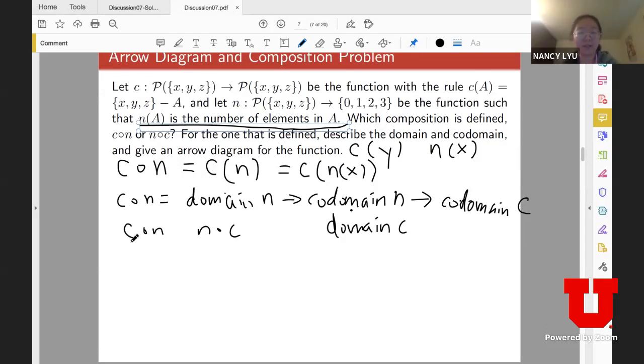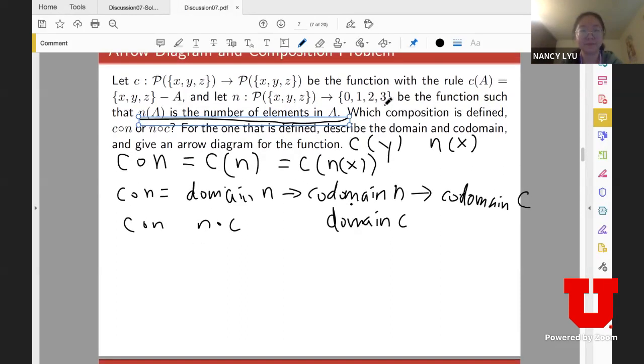Okay, so let's write out the domain and the codomain of each of them. So we have the power set.